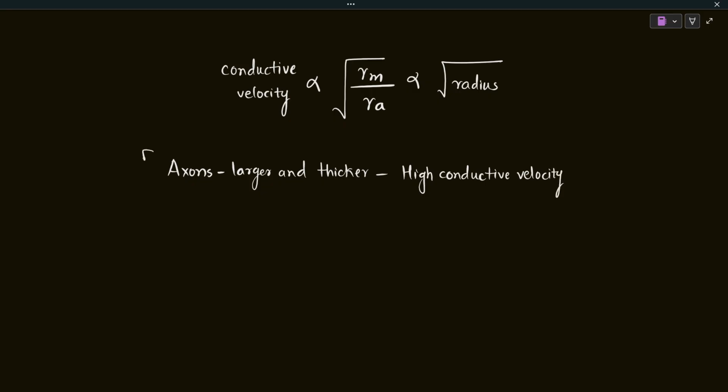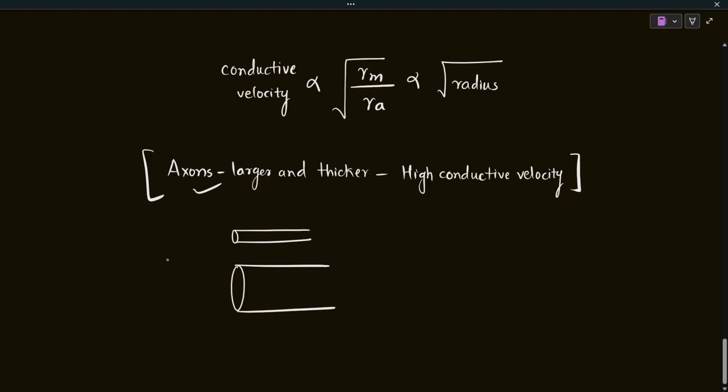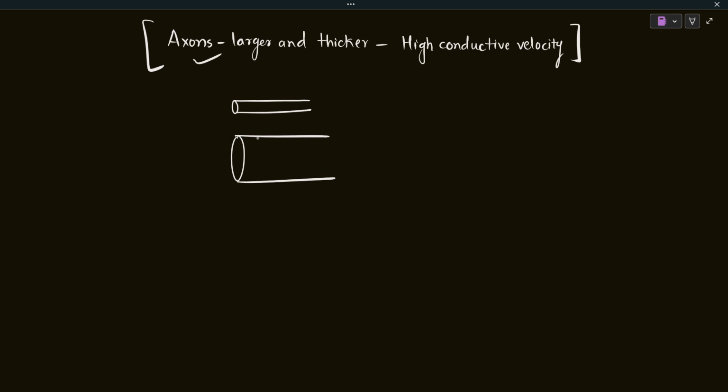Okay, so we already know that the axons which have a higher radius, which are thick, like this axon, will have slow conductive velocity compared to this axon. Why? The reason is this: the membrane resistance which is being offered here is known as Rm, and the axoplasmic resistance will be Ra.